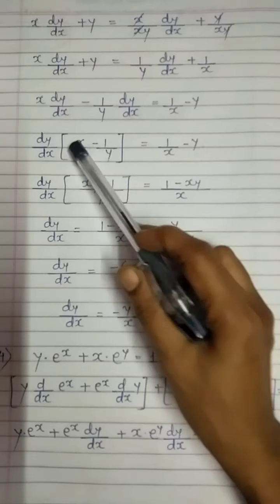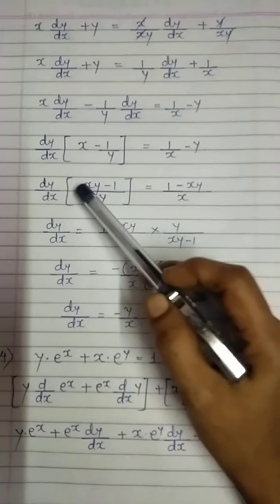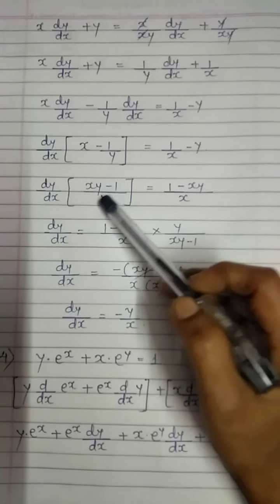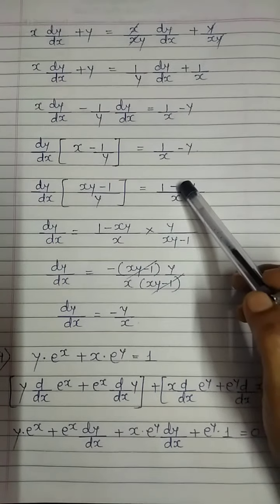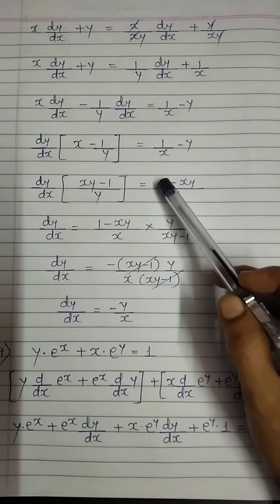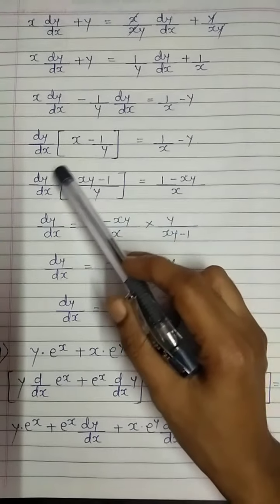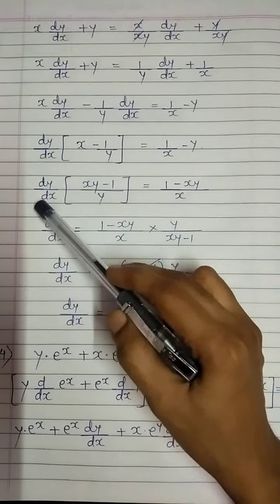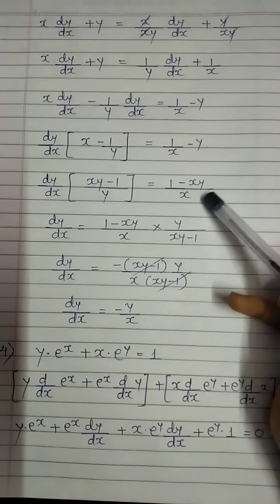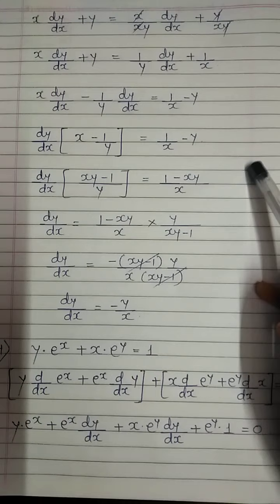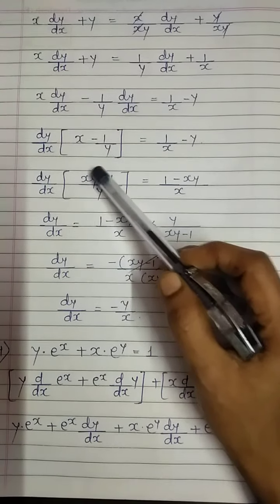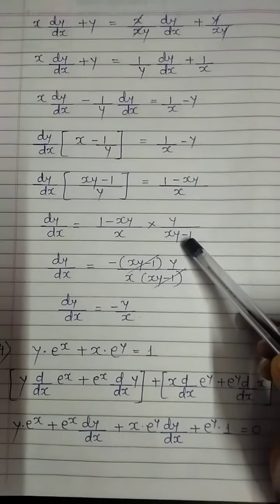Now by doing cross multiplication we will get xy minus 1 upon y. Here also by doing cross multiplication we will get 1 minus xy upon x. Now since we require only dy by dx, this y we will write here to this side in the numerator, and xy minus 1 we will write in the denominator.